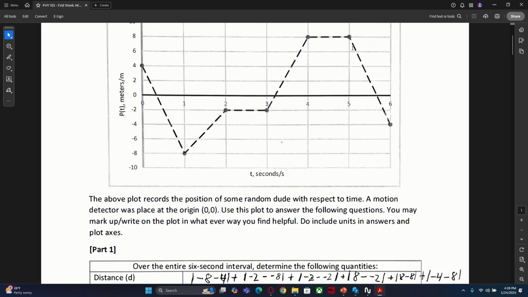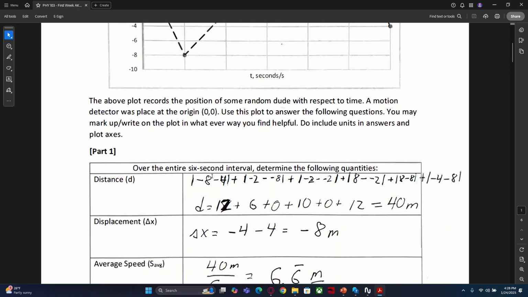And then this line segment ends at -4, which is why I have -4 here, minus 8, because this line segment started at 8. Now, as we figure all this out, we're going to get 12 plus 6 plus 0 plus 10 plus 0 plus 12, so your answer should end up being 40 meters.